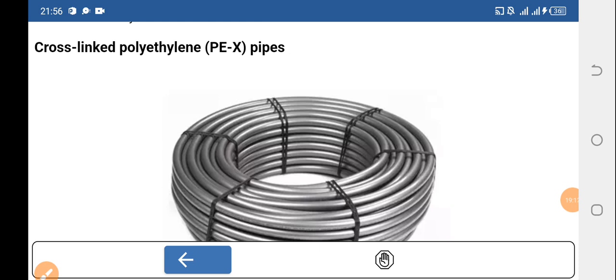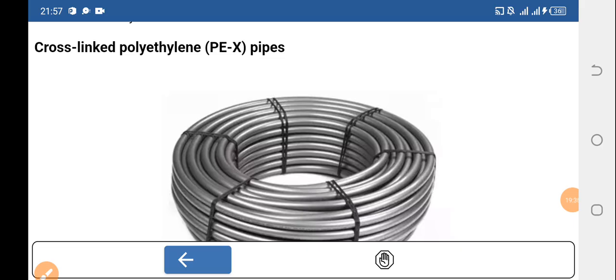Now let me talk about another interesting and modern material, which is called PEX, cross-linked polyethylene. The reason why you see in the abbreviation PE is polyethylene, and X means link.